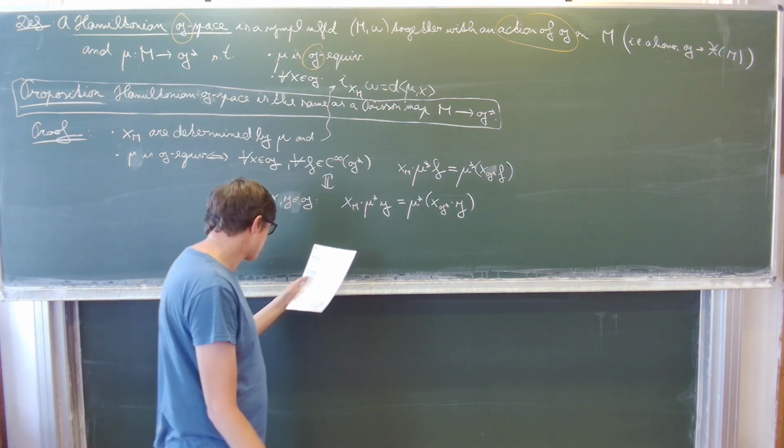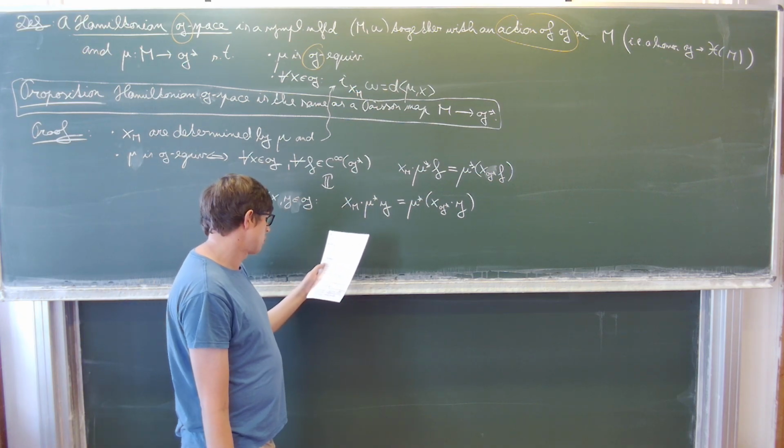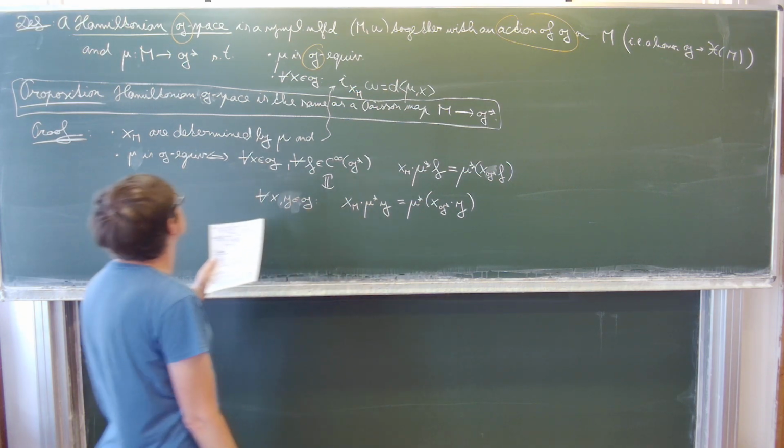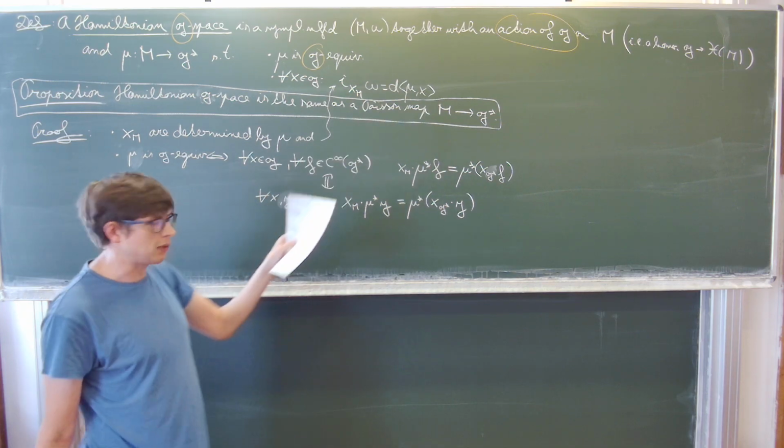And the only thing to do now is just to rewrite what these two conditions are, and you will see that they precisely correspond to the fact that it's the Poisson map.